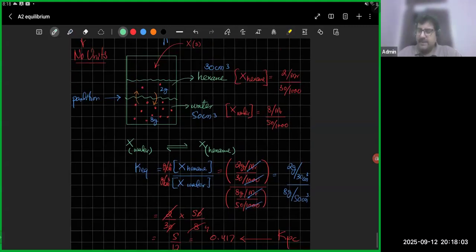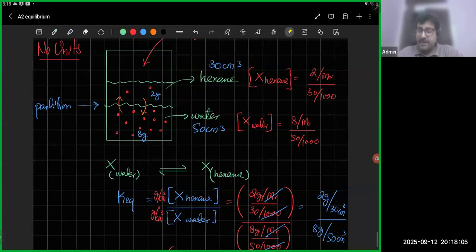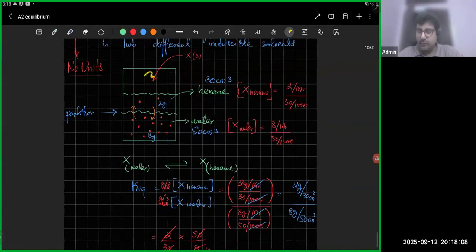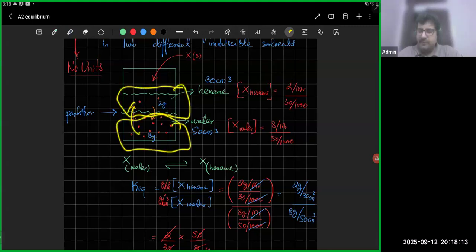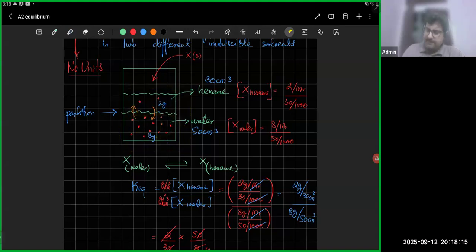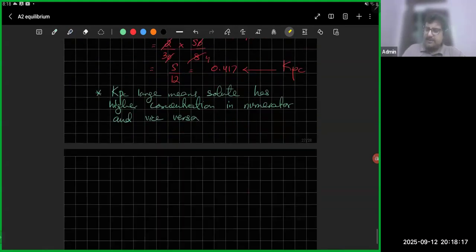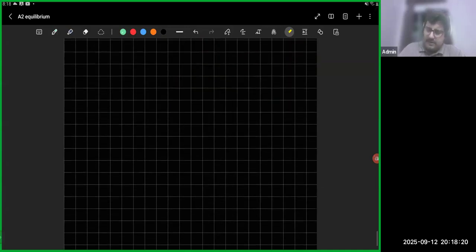ठीक है, ये clear है? अच्छा, इसका फायदा क्या है? फायदा ये कि remember, partitions exist naturally everywhere in the world. It's always two layers and a bunch of particles that are moving across the partition. Okay, so for example, the human body has a partition, and that partition exists almost in every cell or every organ.